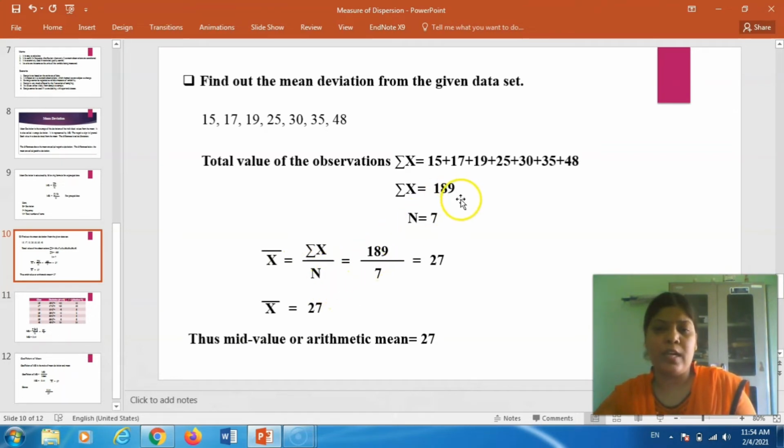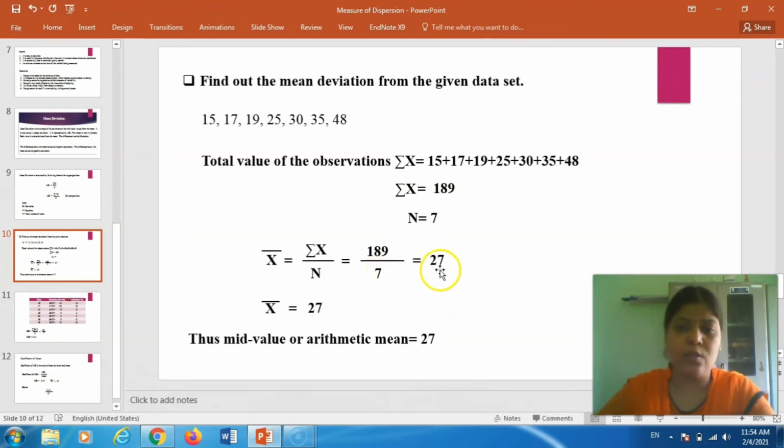Here summation of x is 189, divided by n, the total number of items, that is 7, and we get 27. Thus the mid value or arithmetic mean is 27.